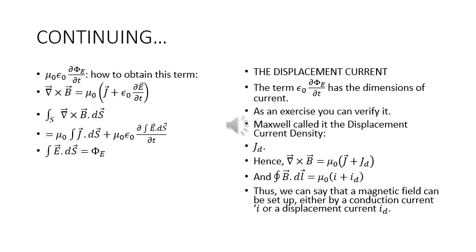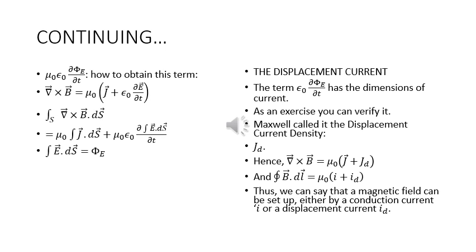Now continuing, let us see how we can obtain the term mu 0 epsilon 0 delta phi by delta T. From the equation curl of B is equal to mu 0 j plus epsilon 0 delta E by delta T, we have integral over S curl of B dot ds equal to mu 0 integral j dot ds plus mu 0 epsilon 0 delta by delta T of integral E dot ds. Now integral E dot ds is equal to phi E, the electric flux.